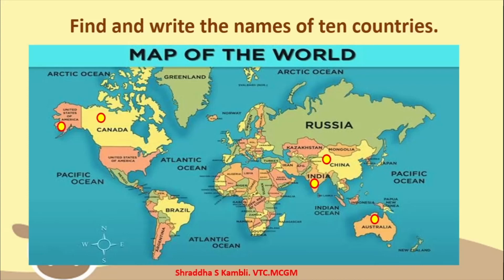Alright, so children, this was lesson number 2 from your English textbook, Aesop's Fables. We saw 2 very beautiful short stories, where one was about the stag and the pool, and we learned that the utility of something is more important. Okay, it is not looks which is important.